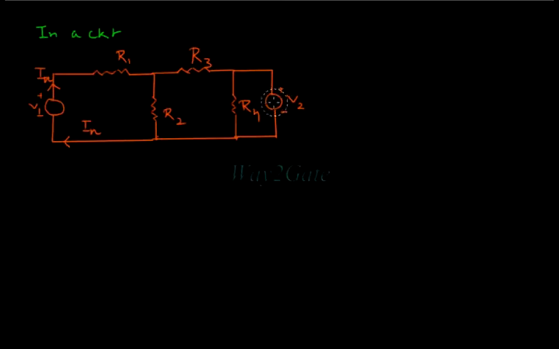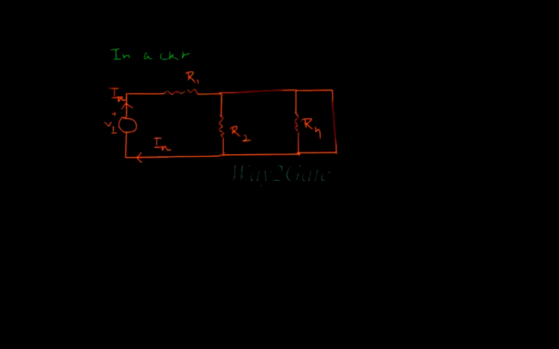In the next case, short circuit the resistor R3 and voltage source V2, as current follows the path of least resistance. No part of current Ix will flow through resistances R2 and R4, and the entire current Ix passes through the short circuit.